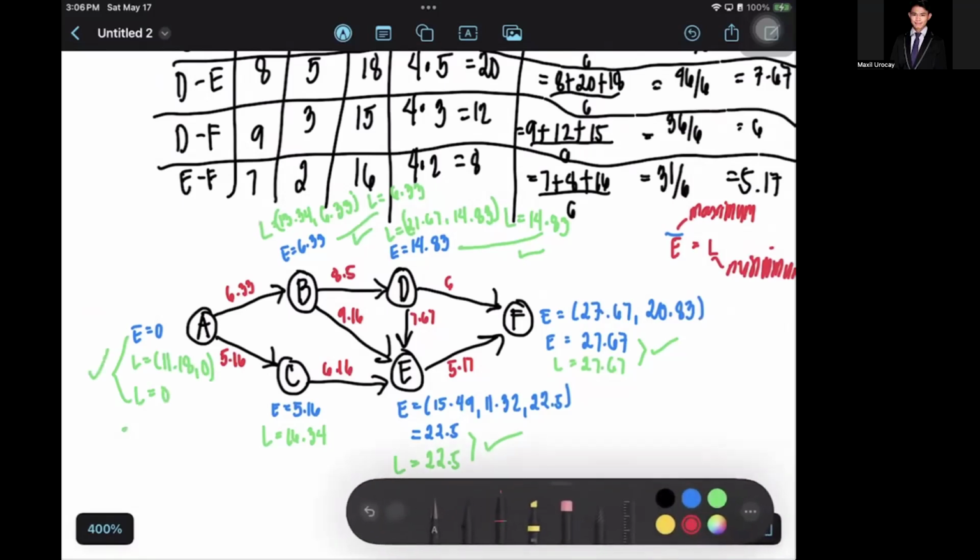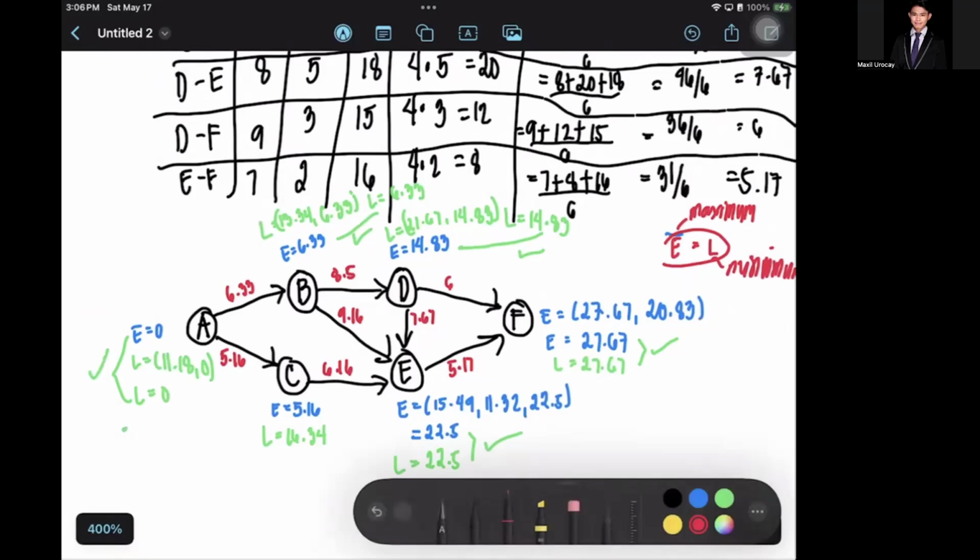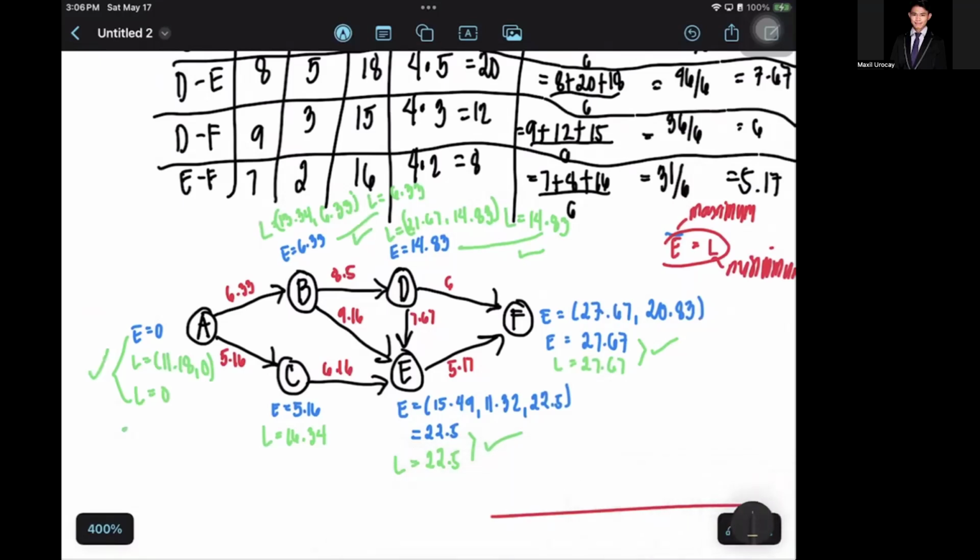How to find the critical path? The critical path is where E is equal to L. So the critical path here consists of the paths having E equal to L. That is A to B, then B goes to D, D goes to E, then E goes to F. Why?